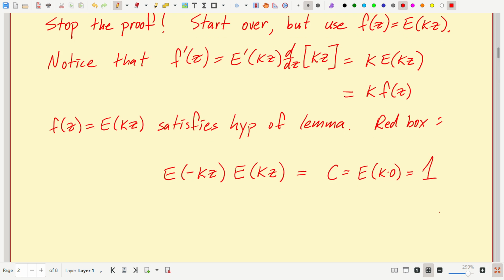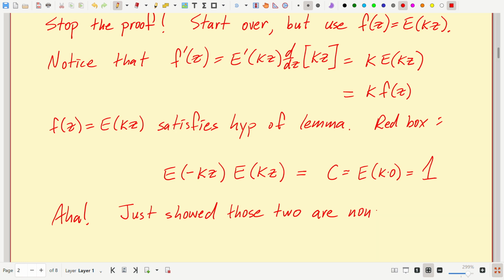So in this red stuff, I just showed that those two have to be non-zero, and they're inverse to each other.